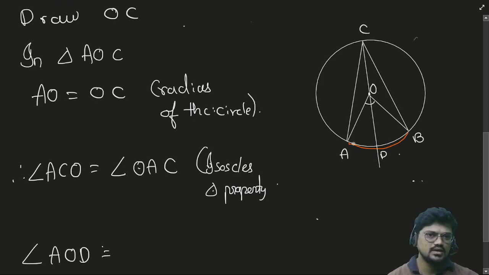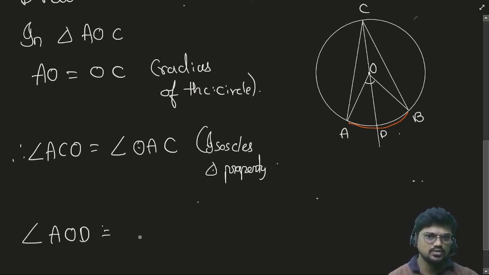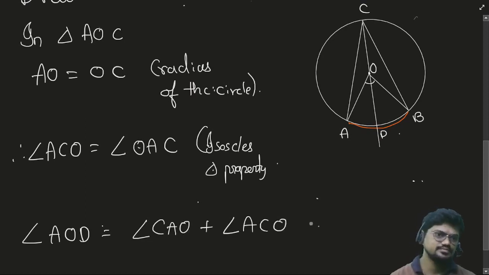It's an exterior angle for triangle AOC. Yes or no? For triangle AOC, angle AOD will be the exterior angle. So can I say angle AOD will be equal to angle CAO plus angle ACO? Yes or no? What is the reason?